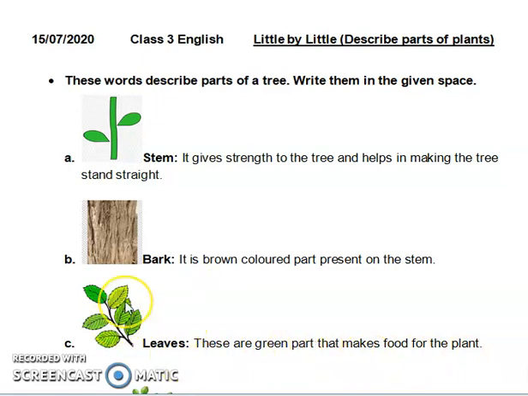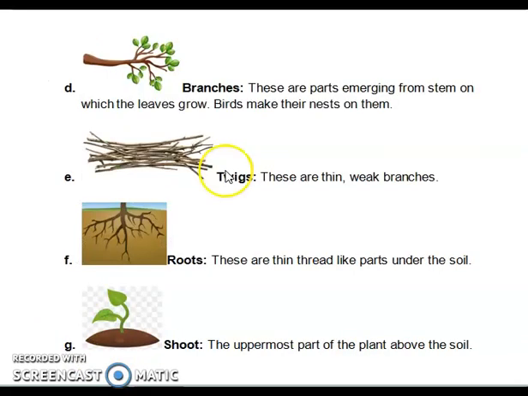So these leaves are in green color, and these make food for the plant. Like for you, your mother or your father or your sister or maybe your grandmother makes food, but for a plant these leaves make food, because a plant is also a living being, no? So that also needs food.